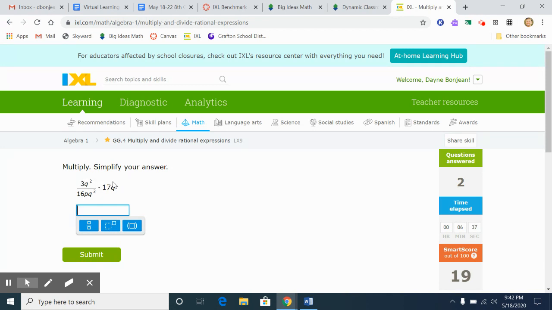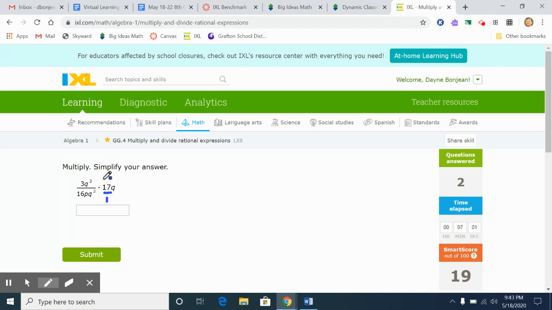All right, here we go. 3q squared and 17q is being multiplied on top. This is multiplication again. Let's put this over 1. Here's what we could do here. It might be easiest in this problem to multiply first. So let's see, what is 3 times 17?